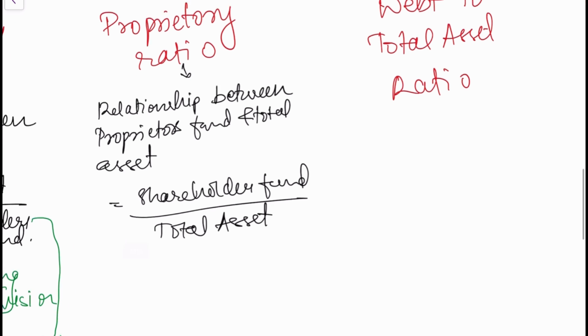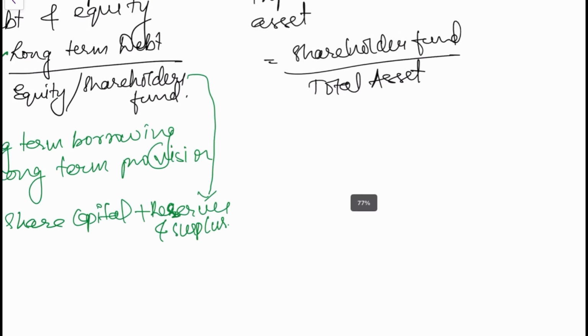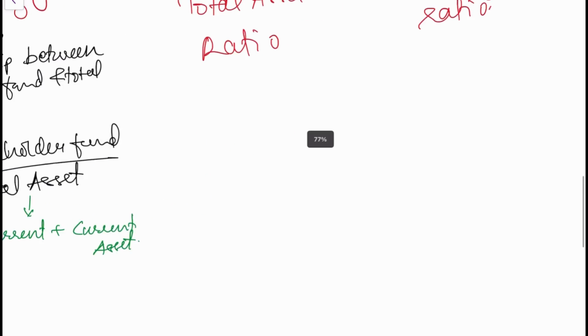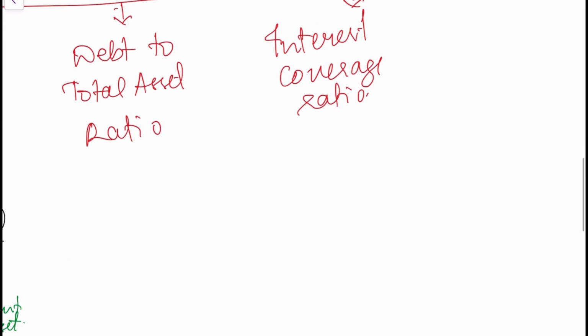Here shareholders fund includes the same thing, that is share capital and reserves and surplus. Then total asset includes non-current asset and current asset.